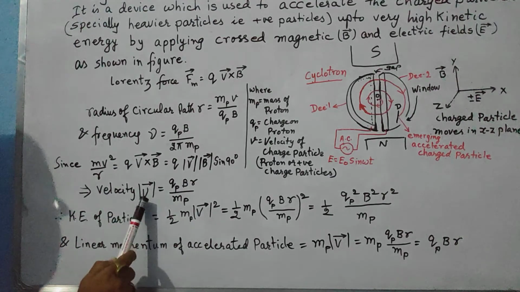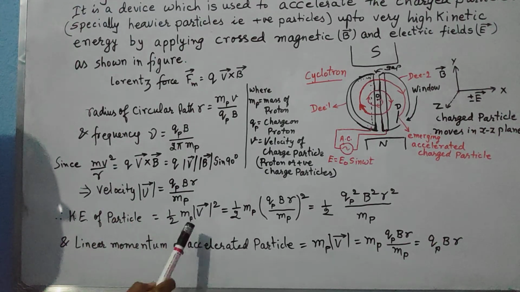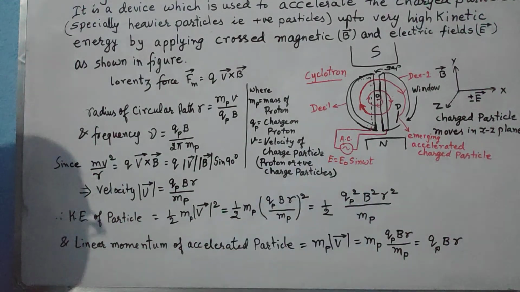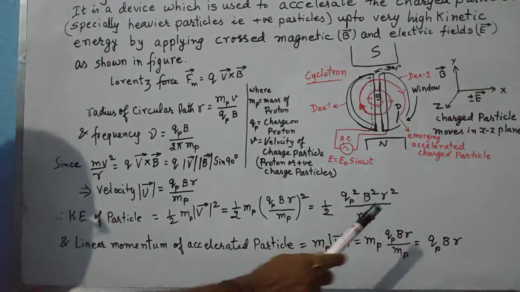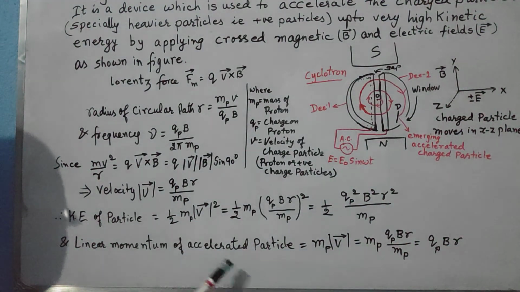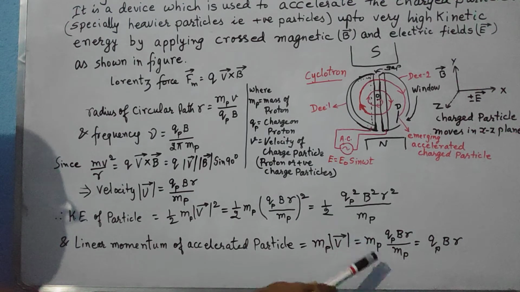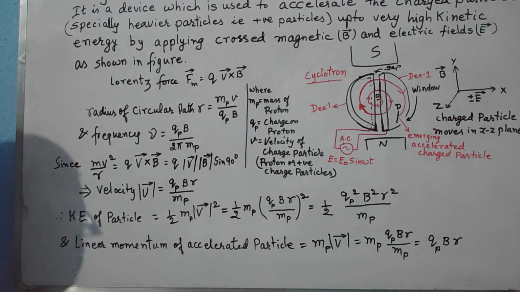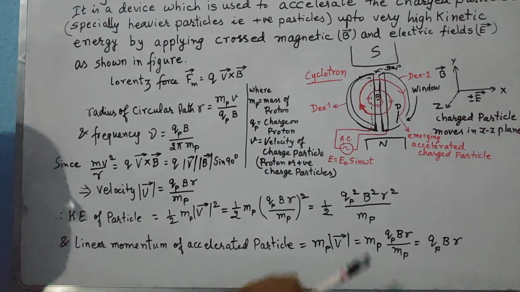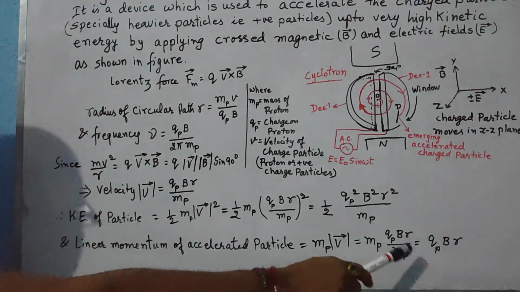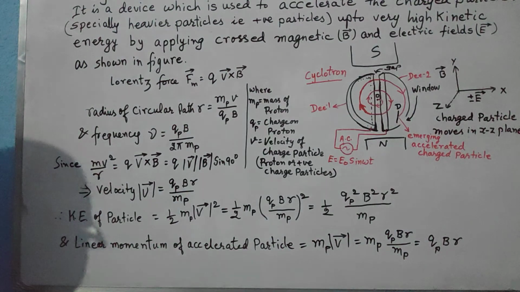Once we know the value of velocity, we can find the kinetic energy equal to half mv squared, which we got as q squared B squared r squared by m, into half. We can also find the linear momentum of the accelerated particle, given by mass into velocity. Mass is m, the mass of the charged particle, into the value of velocity, that becomes qBr.